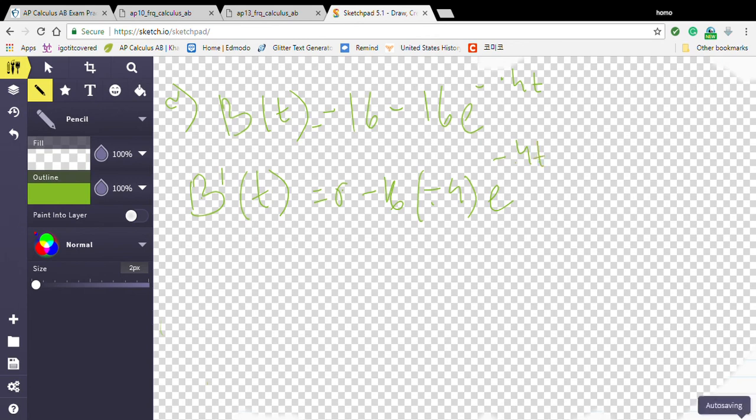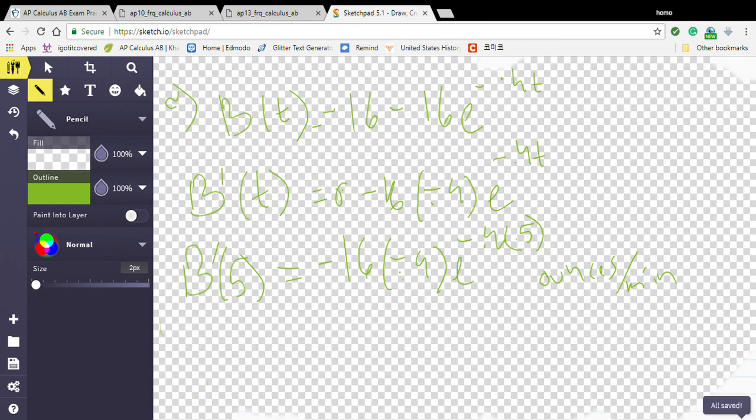So here's the derivative of this, and now we're going to plug in when t is 5. 16 times negative 0.4 e to the negative 0.4 times 5, and we're going to leave it at ounces per minute, and we're not going to solve it.